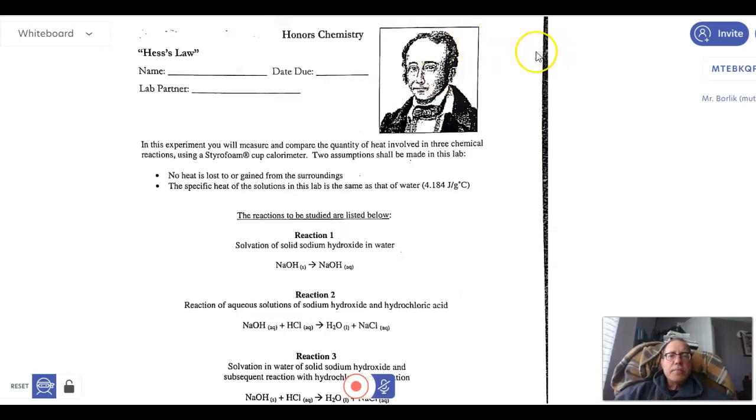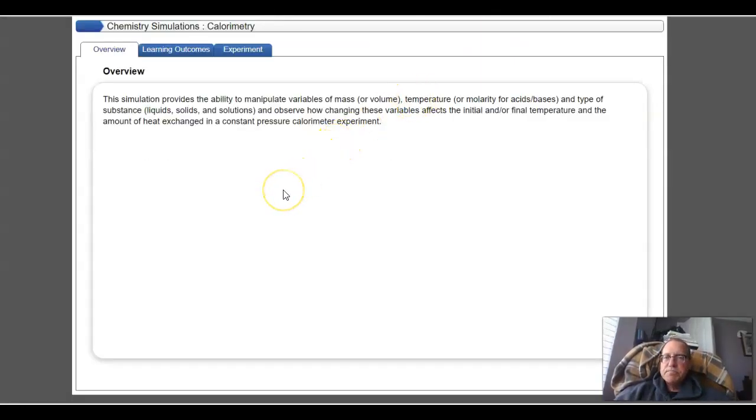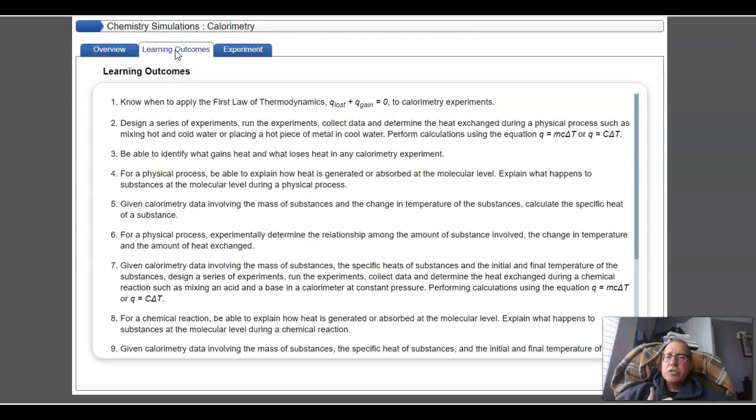Now I'm going to be flipping back and forth between the lab itself and the actual demonstration simulation. I just want to help start you with this. It's good if you read the learning outcome, and hopefully you know a good amount of this.